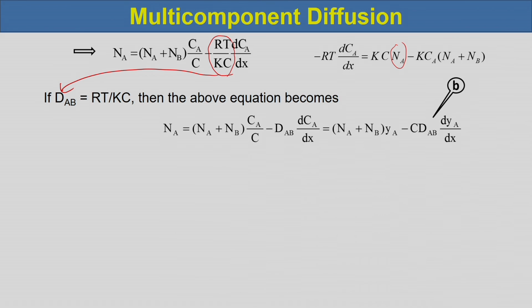So, Na would be equal to Na plus Nb into Ca by C minus DAB dCa/dx, which would be equal to Na plus Nb into Ca by C, the concentration of A divided by the total concentration. So, it is the mole fraction of component A. So, we can write Na plus Nb into Ya minus C into DAB dYa/dx.